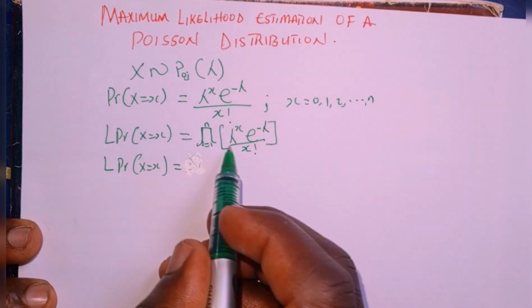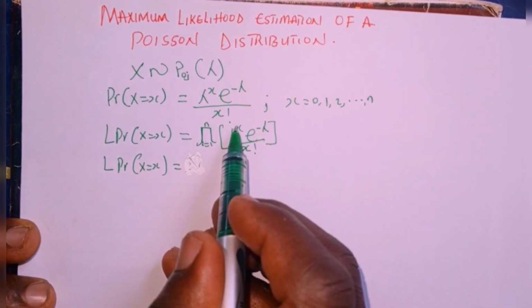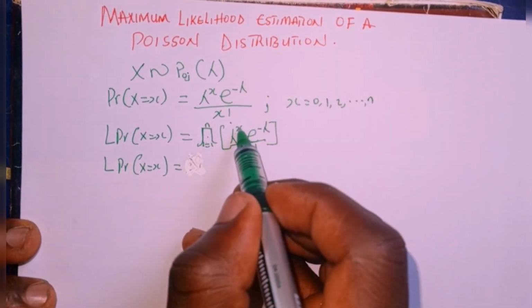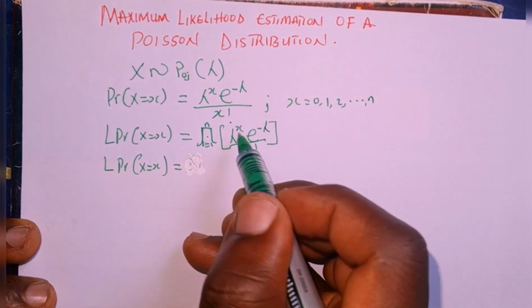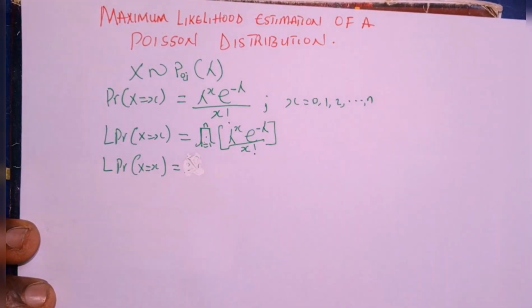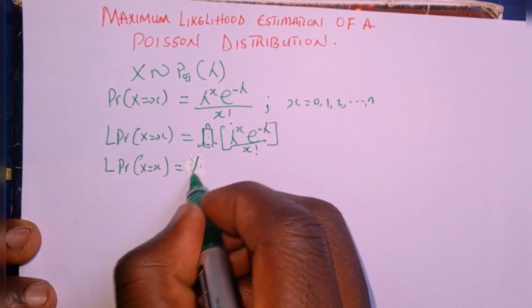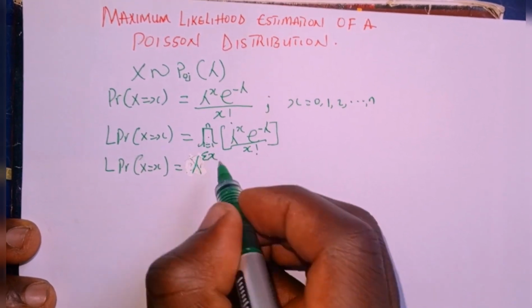So if you take the likelihood of this, when you multiply lambda to the power x, this x is going to change to the summation of x. But when this is multiplied by a constant, it's going to tend to n. So this multiplied by this, we take the likelihood, it's going to be lambda to the power of summation of x.